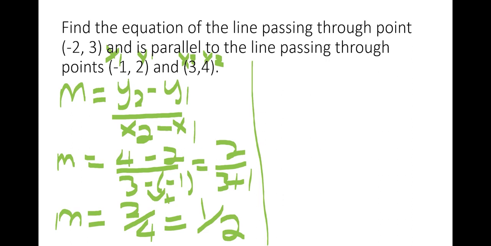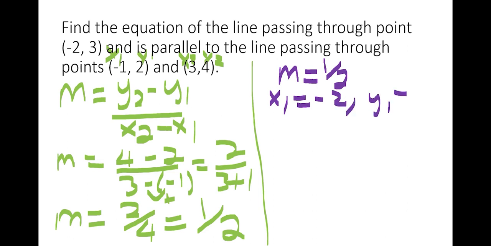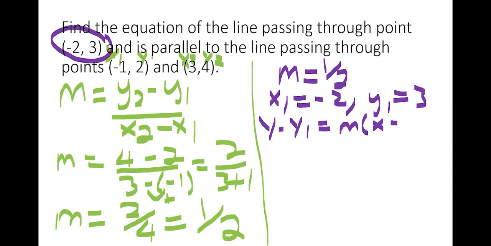Now we know our parallel line, the slopes are the same, so our m is 1/2, and we know our x1 is -2, y1 is 3 from the points over here. So we plug it in the point-slope form. Y minus y1 equals m times x minus x1.